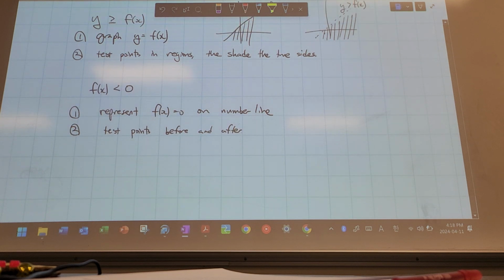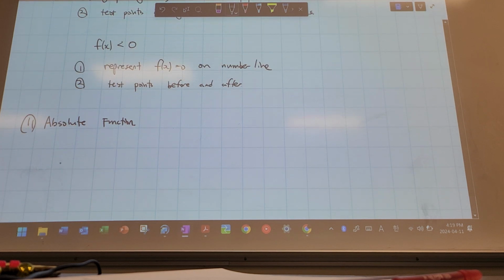Right, we're going to do the last one? Okay, absolute value, absolute function. We have two types of absolute function. First, the absolute value of f of x. This is the easier one.